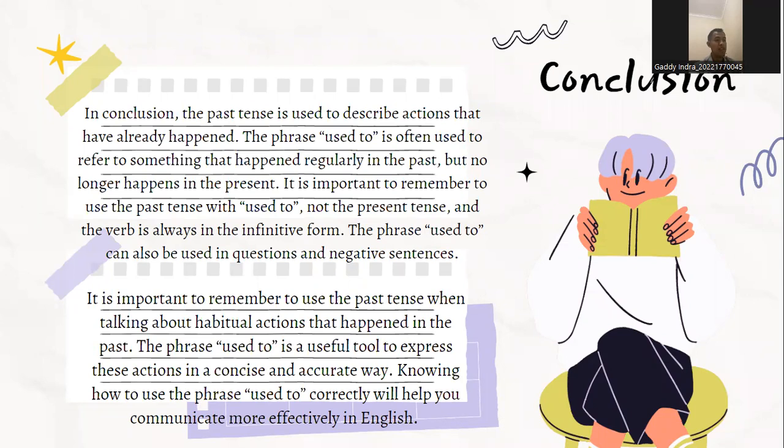It is It is important to important to remember remember to use the to past use tense the past tense with used to, used to, not the present not the tense, present tense, and the verb and the verb is is always always in the in infinitive the form. infinitive form. The phrase The used to phrase used to can also can be also be used in question in and question negative and sense. negative sentence. It is It important is to important to remember remember Sorry to to interrupt.